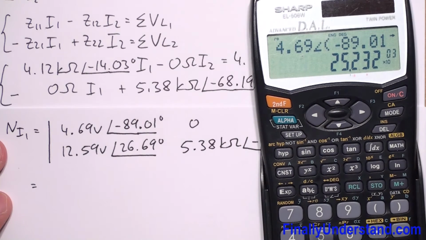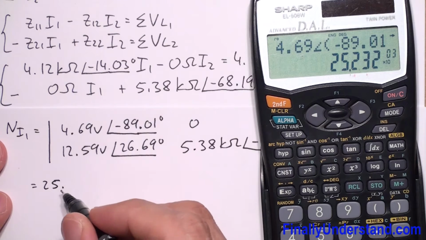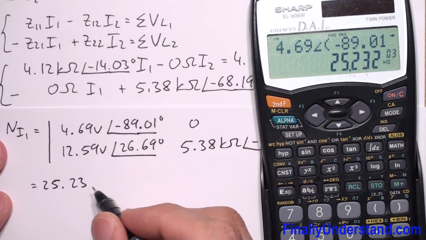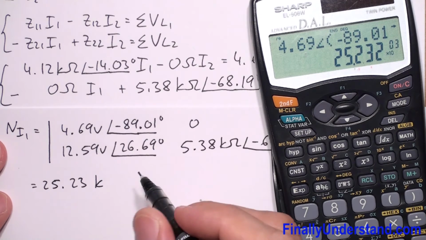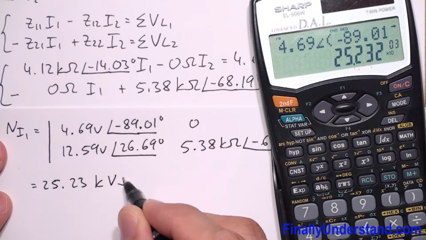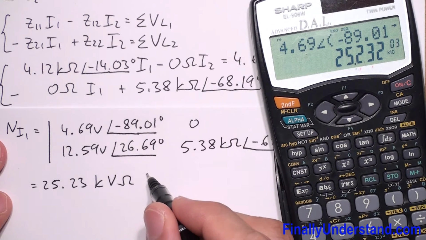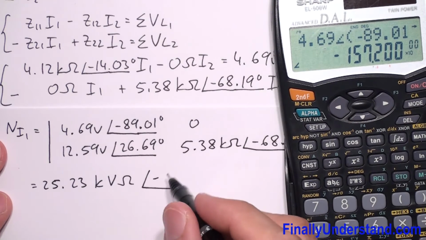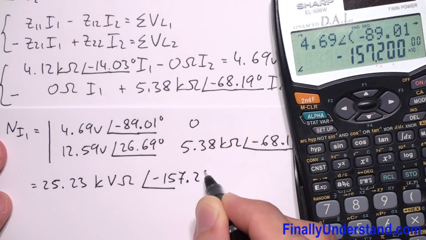This is equal 25.23 kilo, and this is going to be volt times ohm, and angle of negative 157.2 degrees.